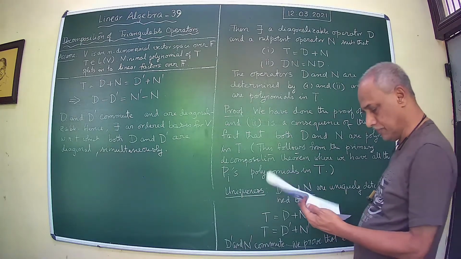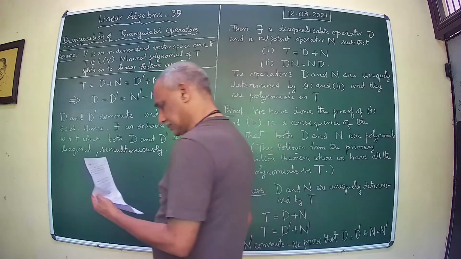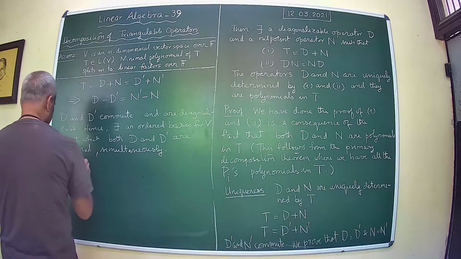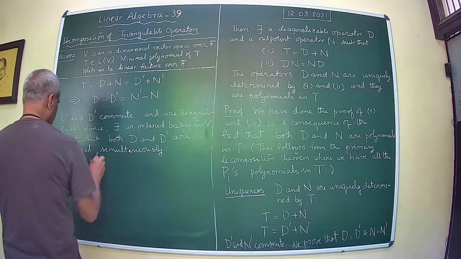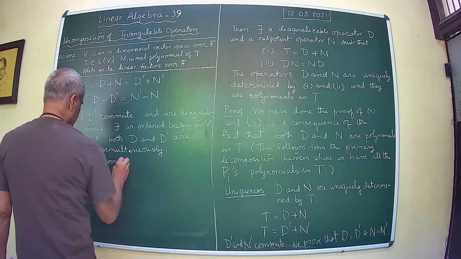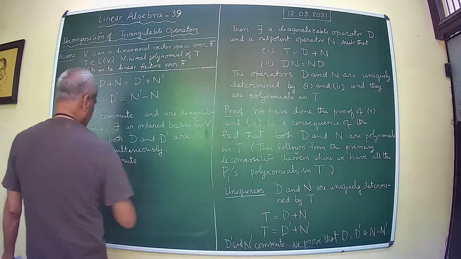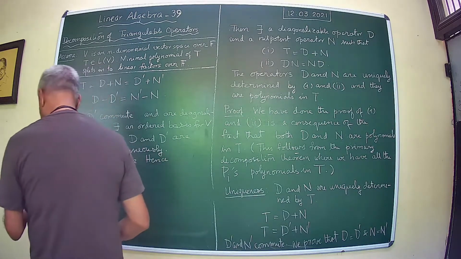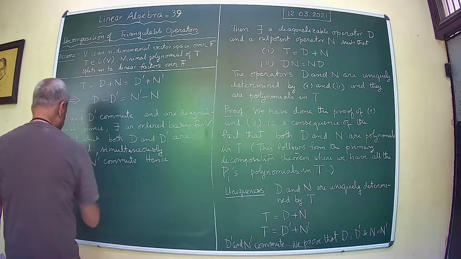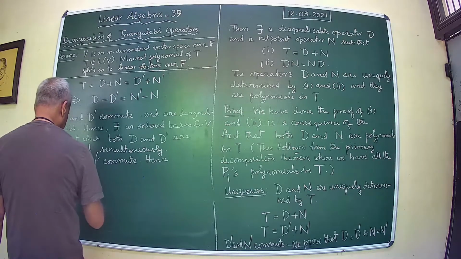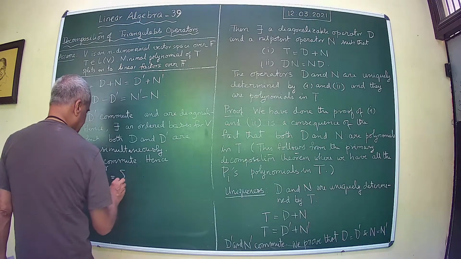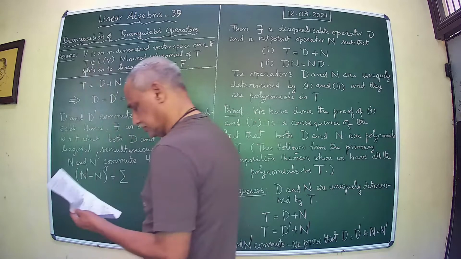Now what we prove is that N and N prime commute. Hence, we have (N prime minus N) to the power r. This, of course, you can apply the binomial theorem.